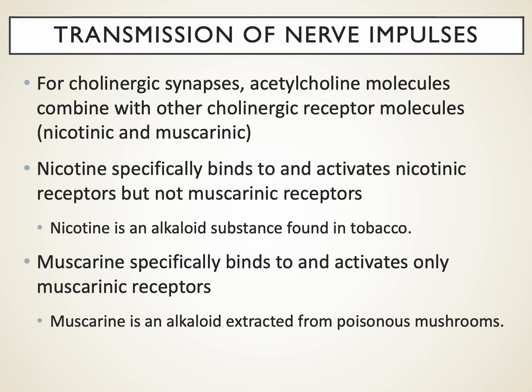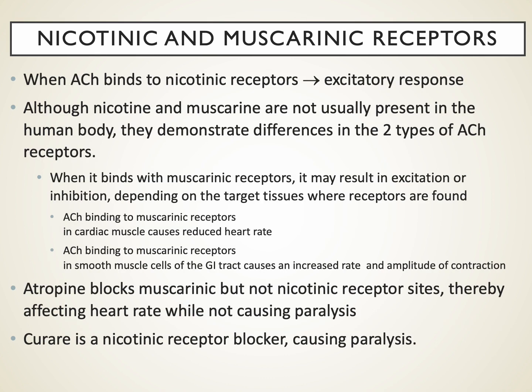In clinical practice, the autonomic receptors we're most concerned with on the parasympathetic side are the muscarinic receptors. So when we refer to an anticholinergic drug, for example, an antimuscarinic drug, we're really talking about muscarinic receptors, not nicotinic receptors. That'll become more clear over time.